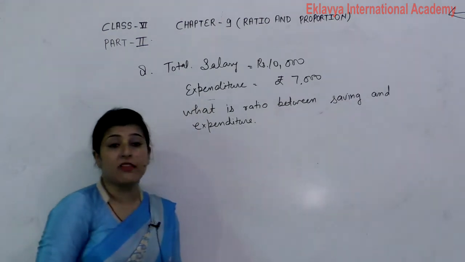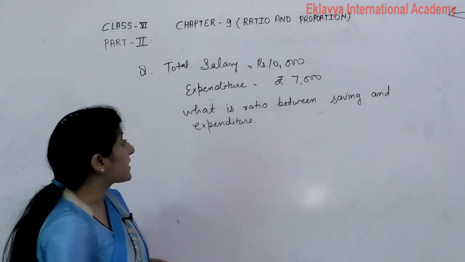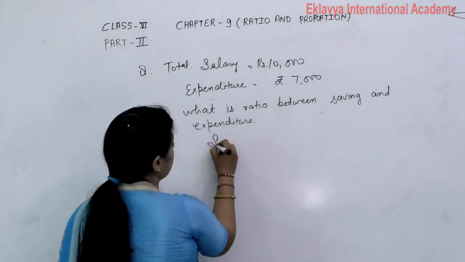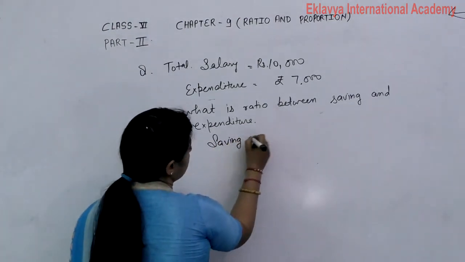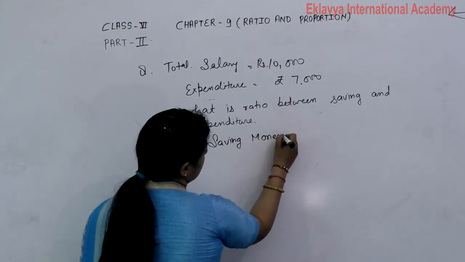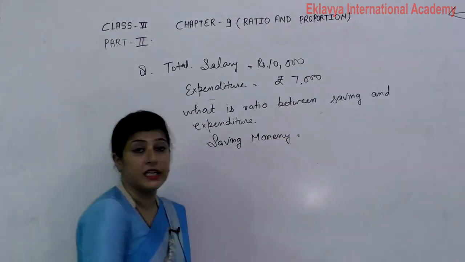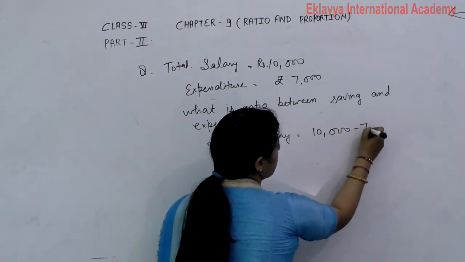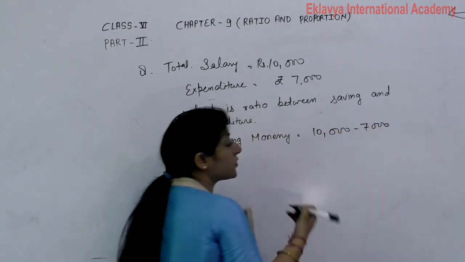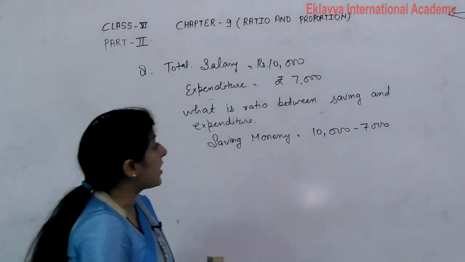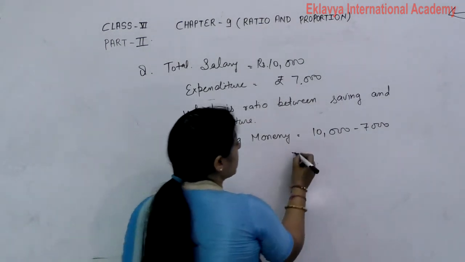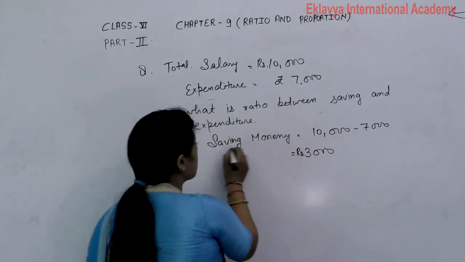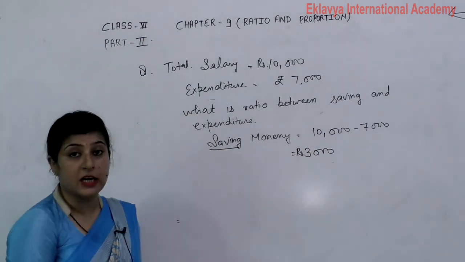Total salary is 10,000, expenditure is ₹7,000. What is the remaining money, the saving? Saving money means total salary minus expenditure. If 7,000 rupees out of 10,000 have been spent, then the remaining saving is ₹3,000.